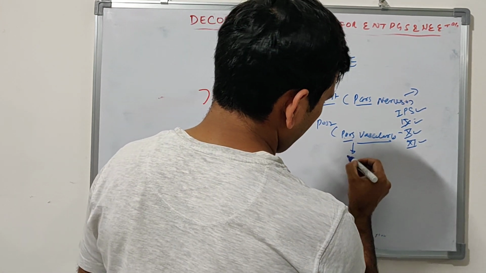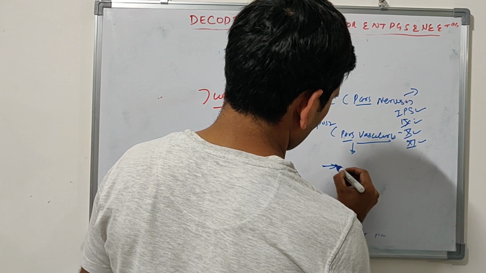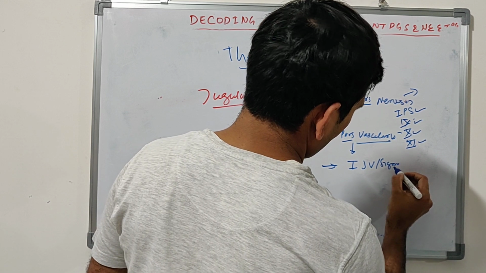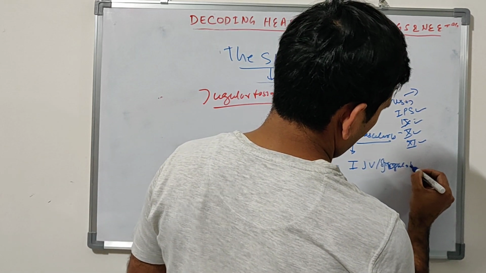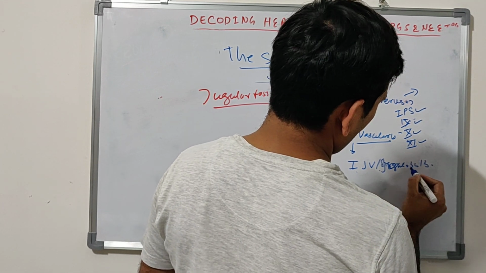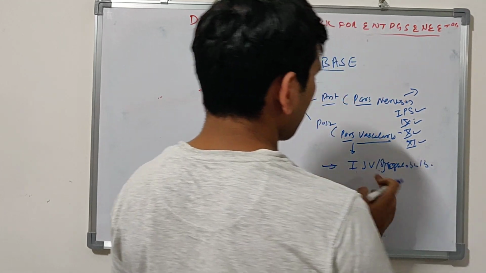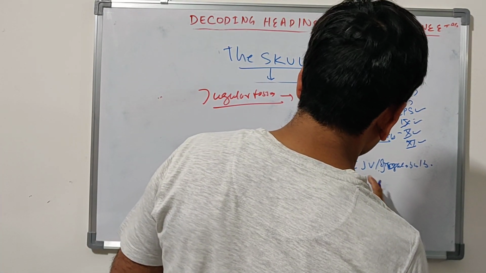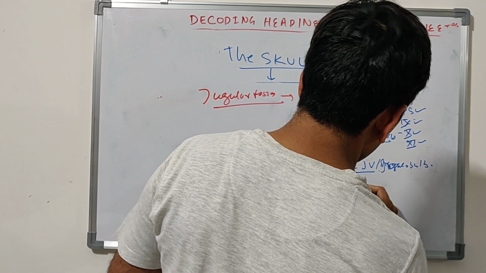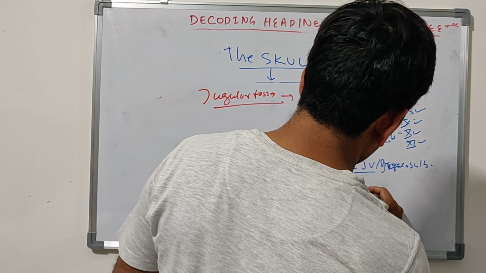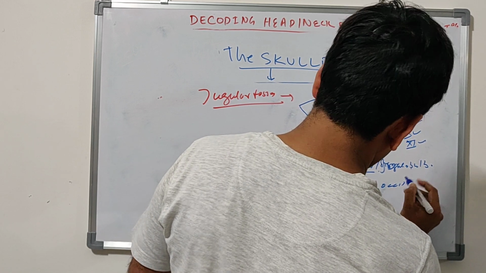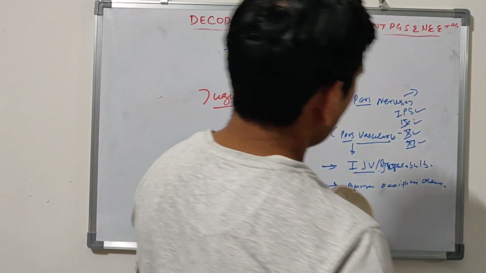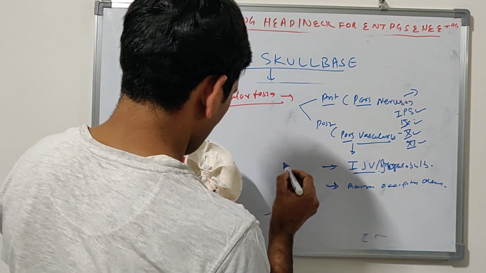And the pars vascularis, the posterior part, has the sigmoid sinus, which forms the internal jugular vein, the upper part forming the jugular bulb, and the meningeal branch of the occipital artery. These are the structures passing through.